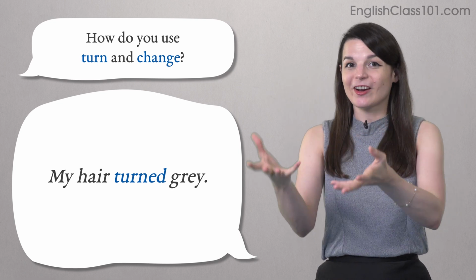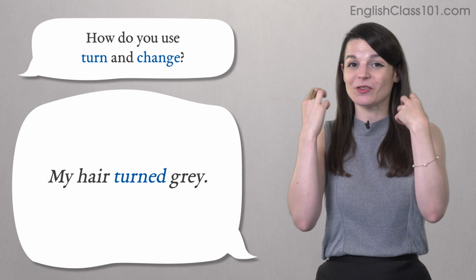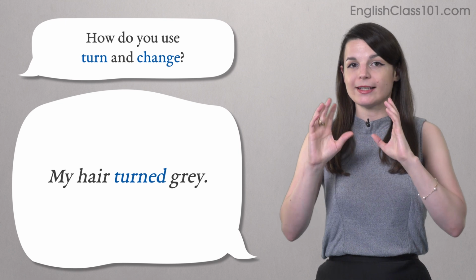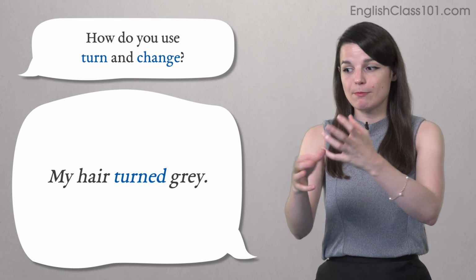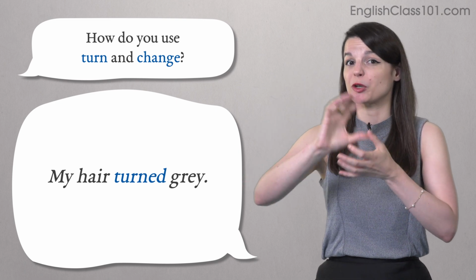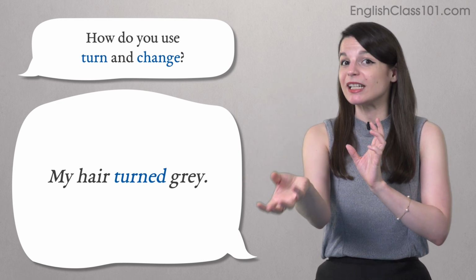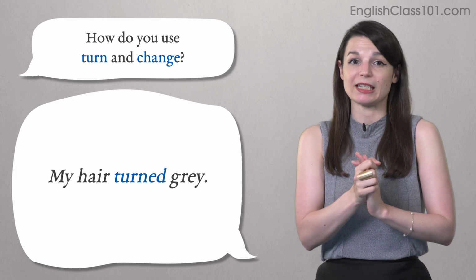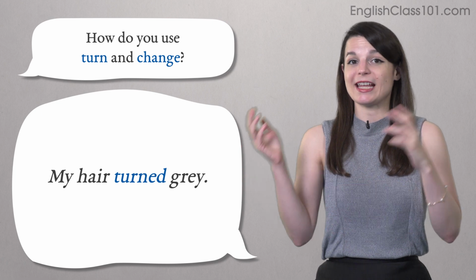So that means my hair color is not going to go back to its original color, unless of course we dye it or something. So when we say something turned, it means that that thing moved into its next form. It was sort of transformed, and it's probably not going to return to its original status or condition. So my hair turned gray is great.